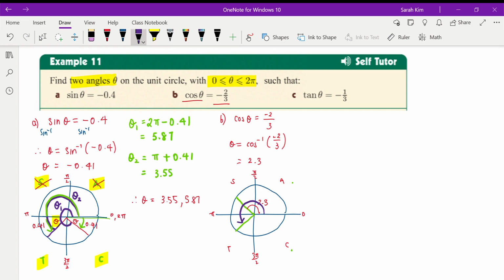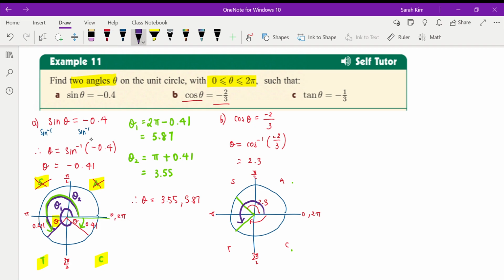Rather than trying to figure out how to find it directly, the easiest way is to use that 2.3 and go, okay, well this is 2 pi, a full revolution. If I take away that same angle, 2.3 radians, that should give me that purple angle.